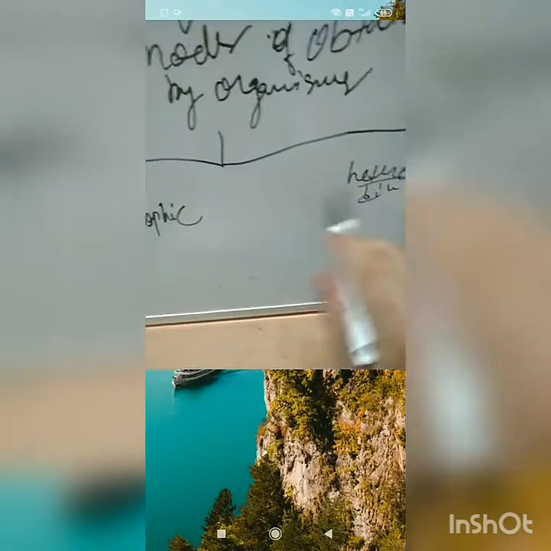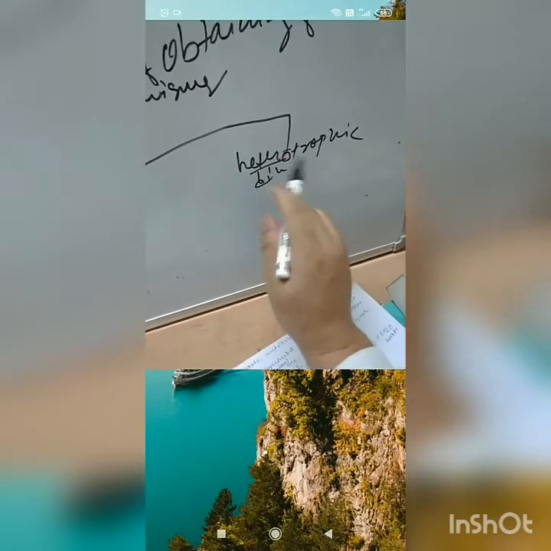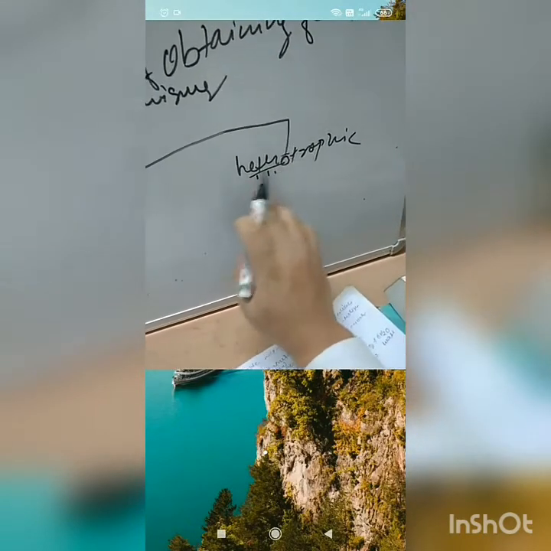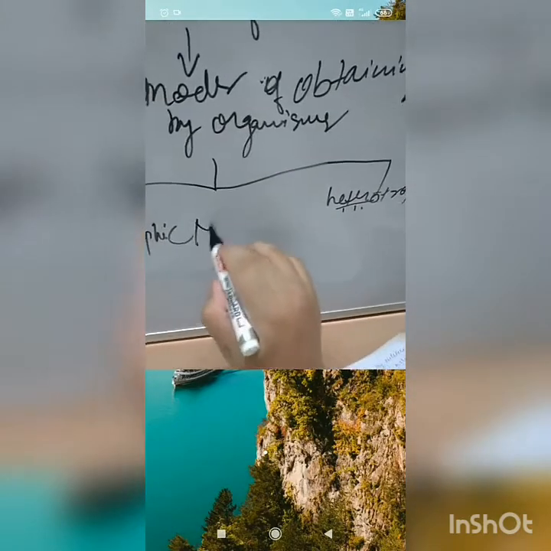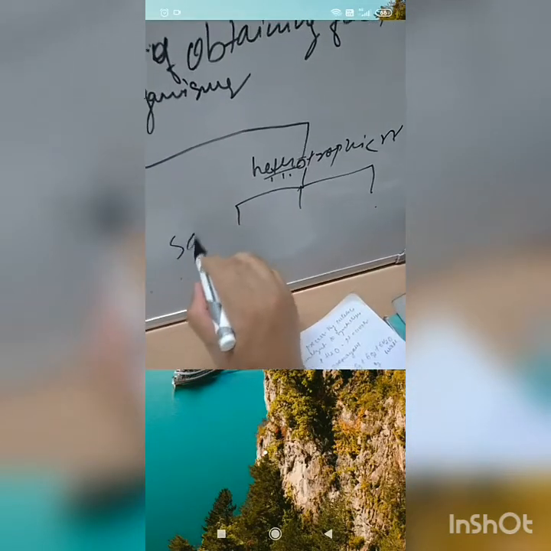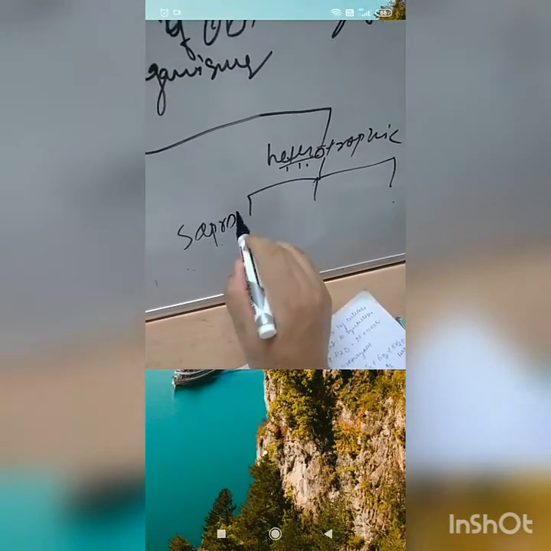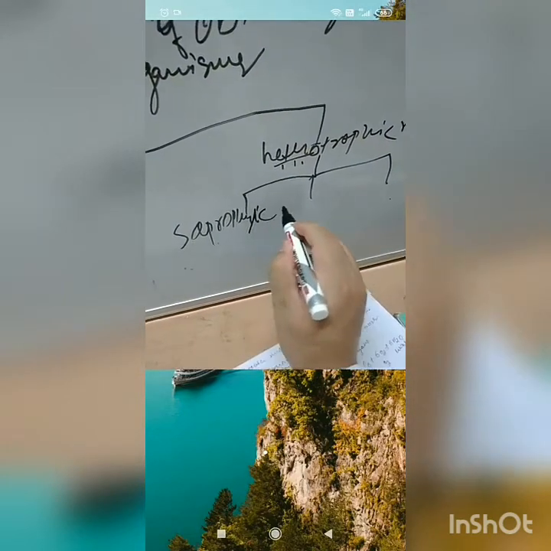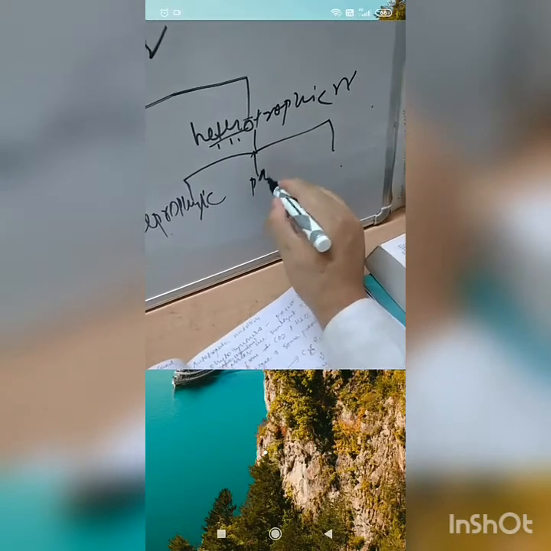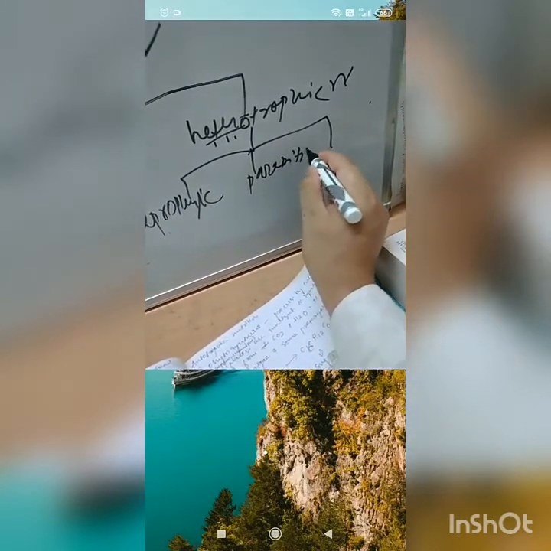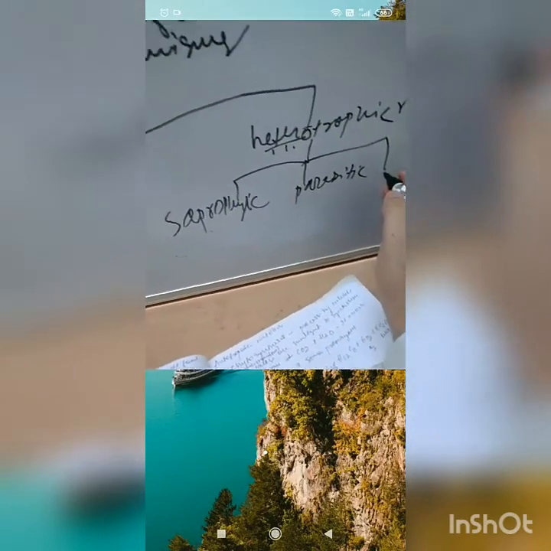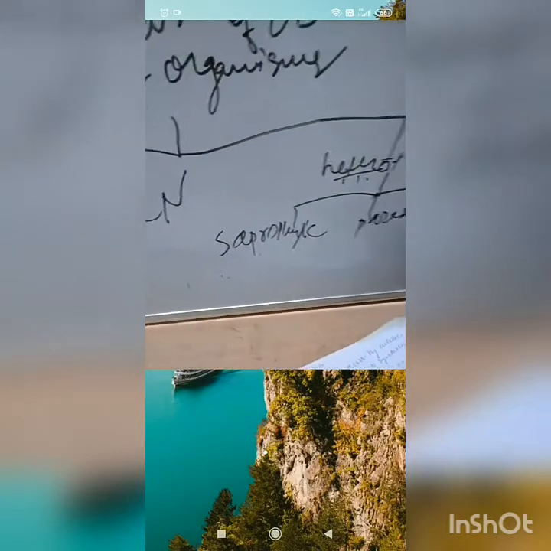Just for your understanding, I'm saying this. So we have heterotrophic nutrition and autotrophic nutrition. Heterotrophic nutrition is further divided into 3 types: saprophytic, parasitic, and holozoic.